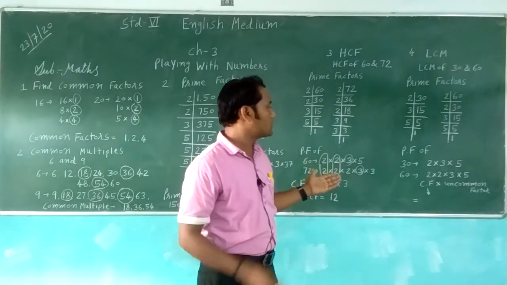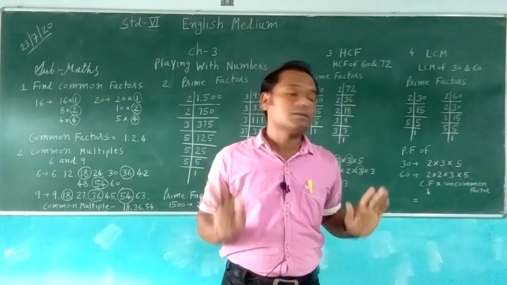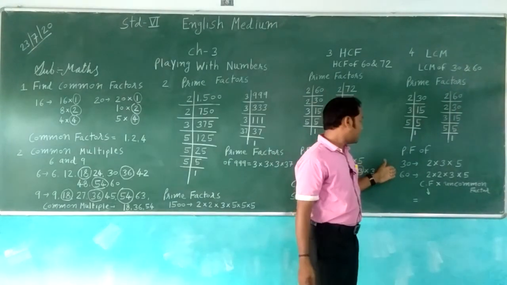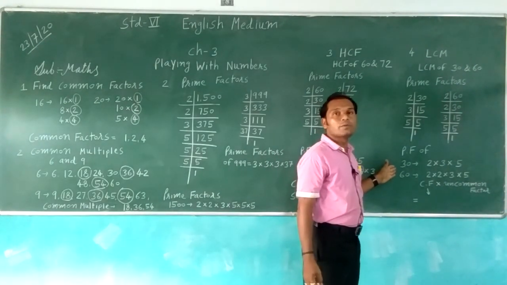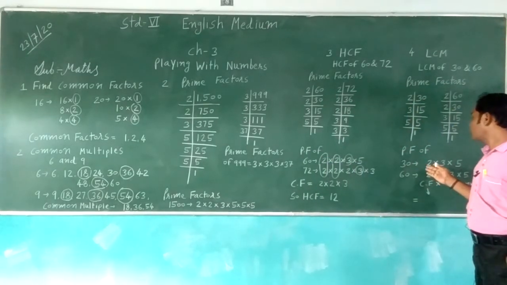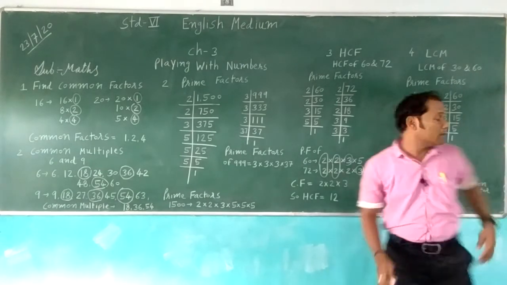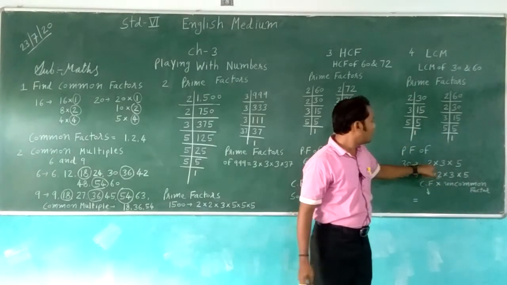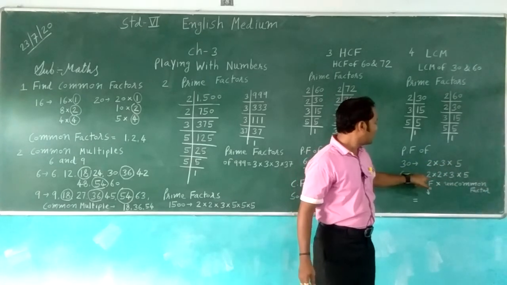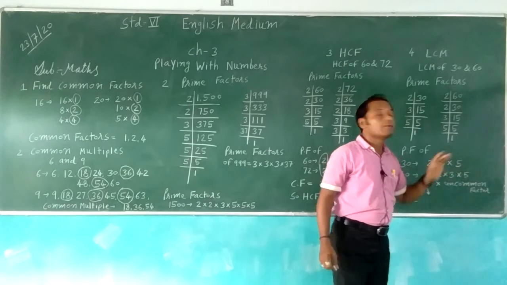So let's first find the common factors. The factors of 30 I have written here: 2 multiply 3 multiply 5, and the factors of 60 are 2 multiply 2 multiply 3 multiply 5.